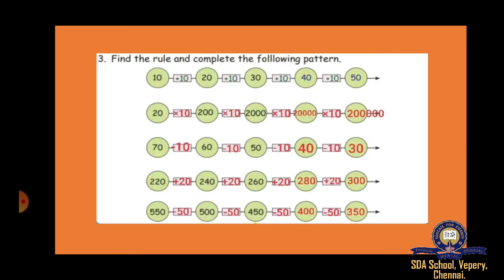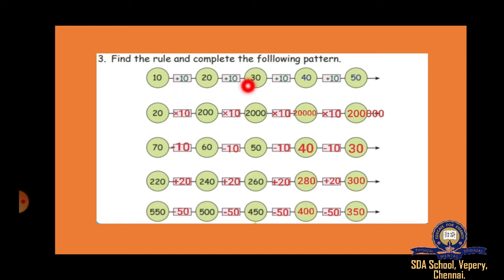Okay. The next thing is you have to find the rule and complete the table. I'll give the question as 10, 20, 30 like this, and you have to find the answers in the rectangle boxes. Only in the circle boxes I will write the question, and in the rectangle boxes you have to write the answer. So here 10, 20, 30 came. How did 20 come after 10, and 30 after 20?